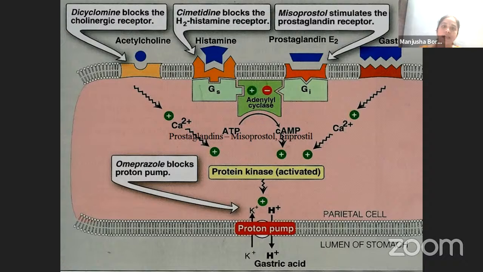Gastric acid secretion is regulated by the vagus, gastrin, and locally released histamine, which act on their own receptor mechanisms and activate the proton pump, the hydrogen potassium ATPase pump, which is the final pathway for gastric acid secretion, blocked by proton pump inhibitors like omeprazole.